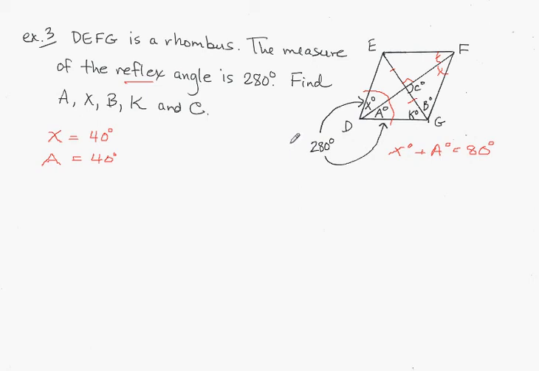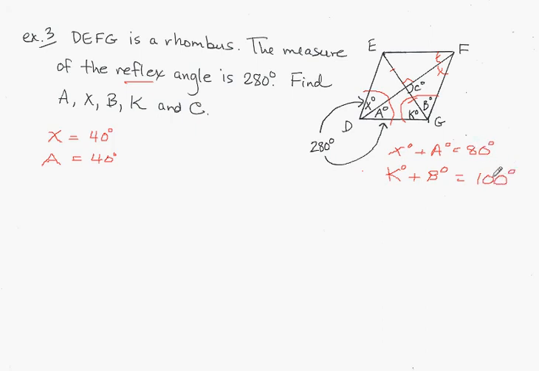And there's more than one way to do these. But do you remember the properties of a parallelogram? That the adjacent angles, that means this angle right here and this angle right here, these two angles have to add up to 180. We already figured out that X plus A equals 80, so that tells us that K plus B degrees equals 100.